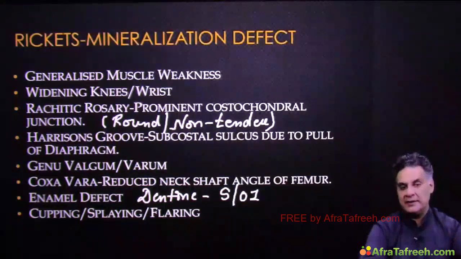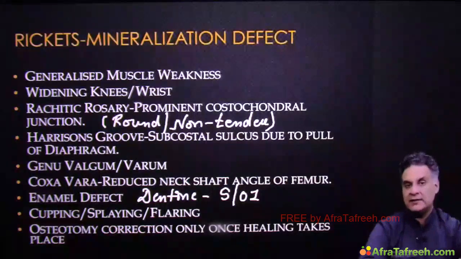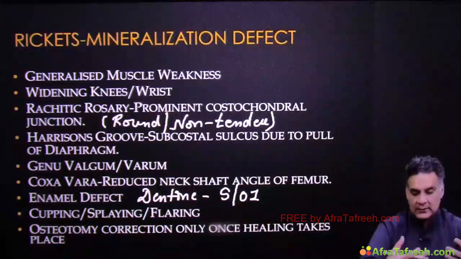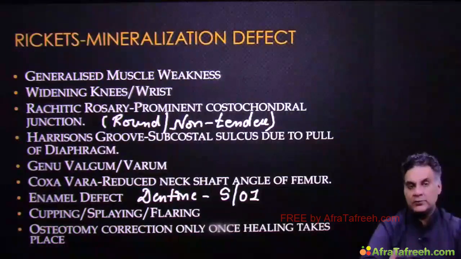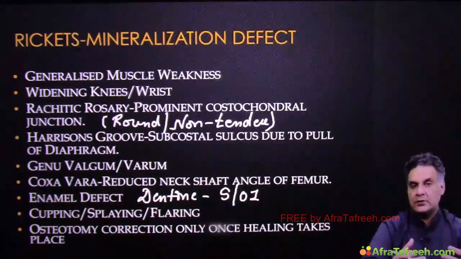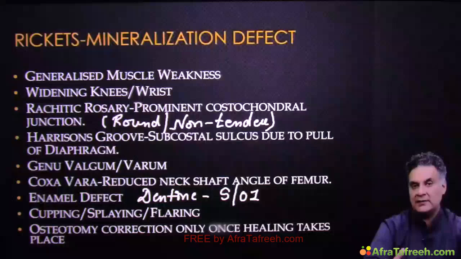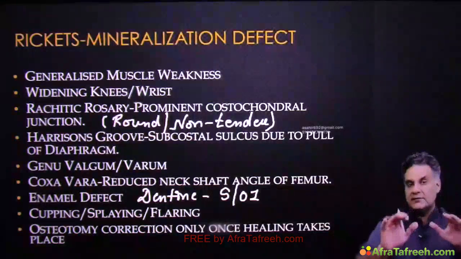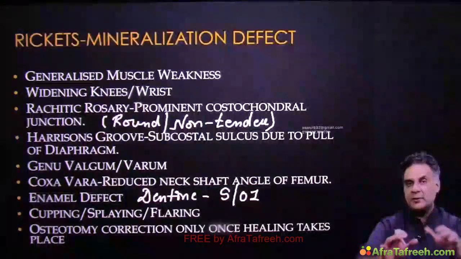Cupping, splaying, flaring, I told you. And in rickets, an osteotomy correction is done only once you see healing on X-ray. So you can remember like this: abdomen protuberant because of the muscle weakness, bowing of the bones, costochondral junction prominent, rachitic rosary, craniotabes, there is delayed fusion of the sutures of the skull, ping pong skull.